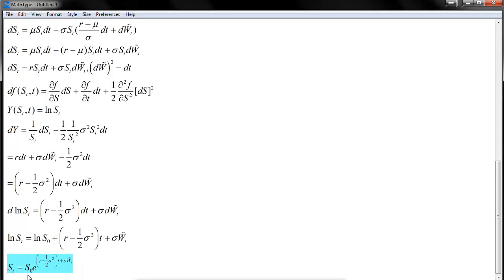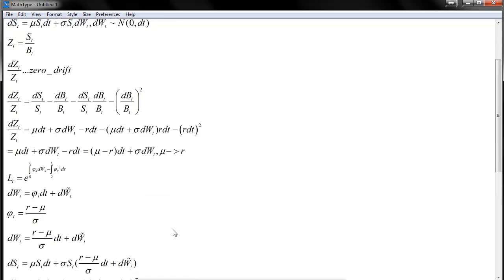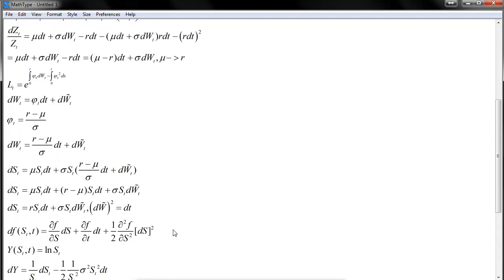This is extremely important, because now I know what the stock price at time t might be. The only random term is this linear process. Well, how to deal with that?